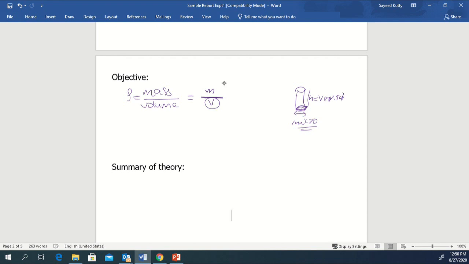During this experiment, you will get hands-on experience with these instruments, and that is one of our objectives too. Our aim is to train you how to use all these instruments. So we will reach our objective, and from this density, we will be able to identify the material.